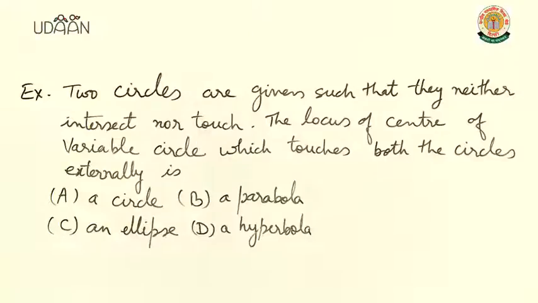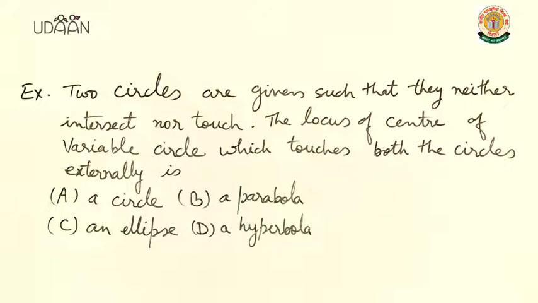Now example 2 is, two circles are given such that they neither intersect nor touch. The locus of center of variable circle which touches both the circles externally is. So you have to find out the locus of another circle whose center, which type path will travel.